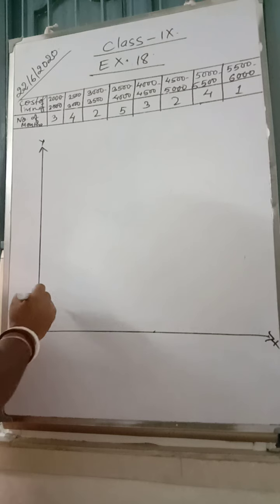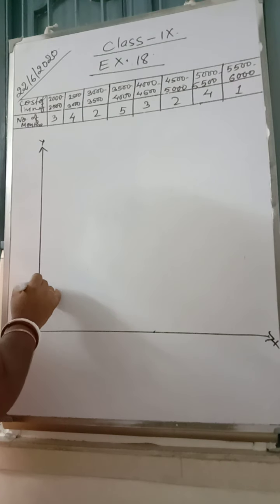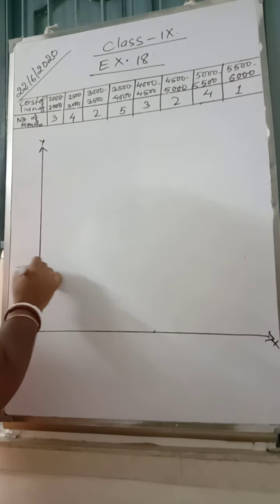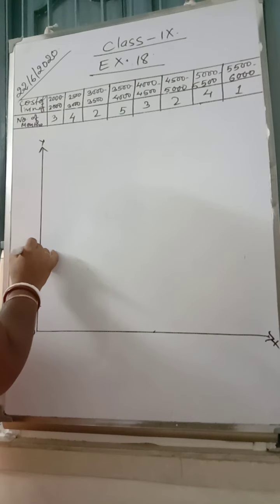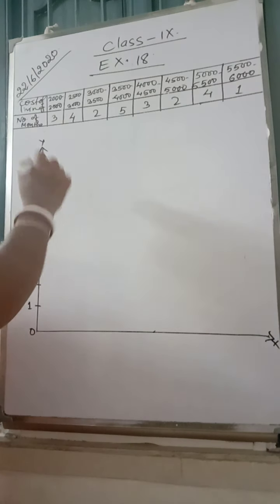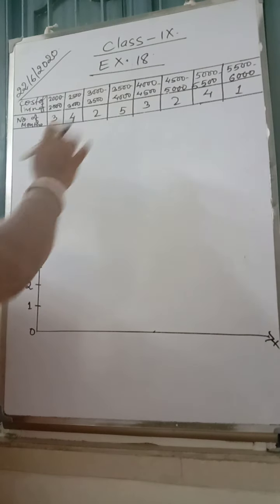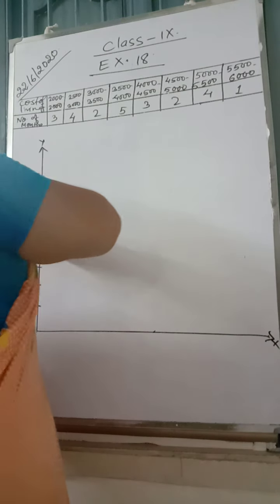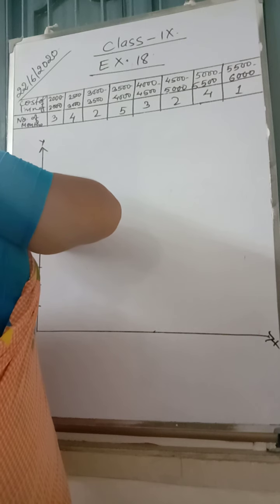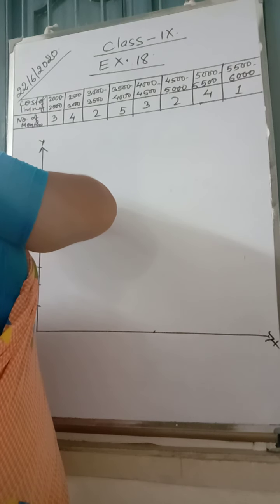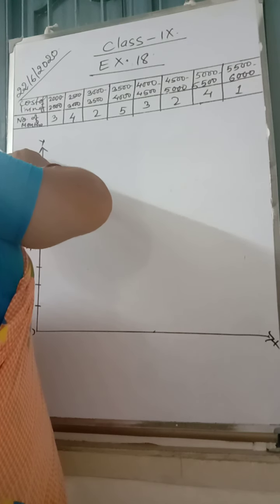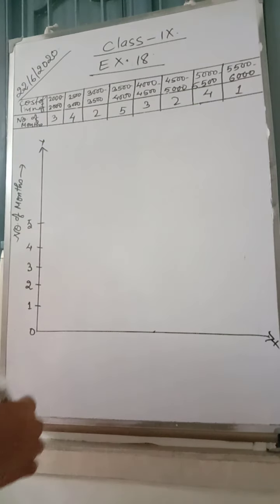This is 0, 1, 2, 3, 4. Maximum we have 5. 3, 4, 2, 5, 3, 4. Okay, what is this? Number of months. Is it?